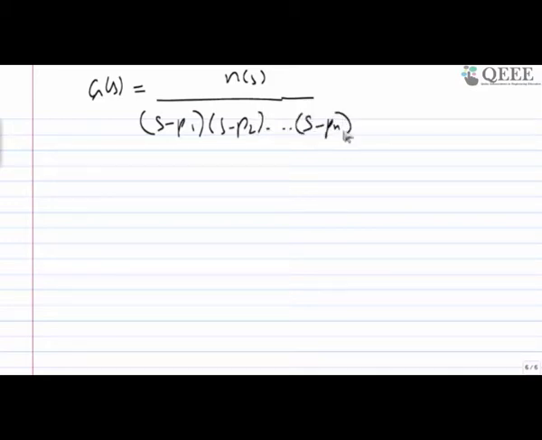We have n poles, and we assume here that the poles of this G of s are distinct, that is to say the denominator has no repeated roots. Of course we can remove this restriction later, but let's proceed with this assumption.